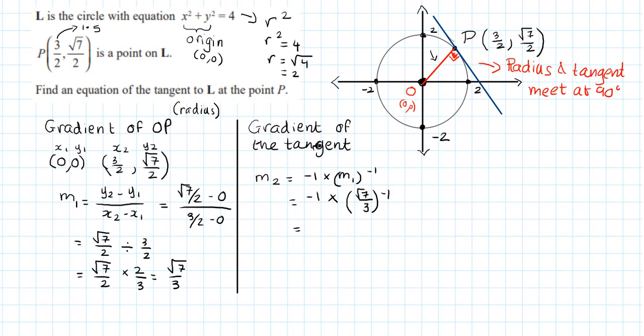That'll be -1 times 3 over root 7, which is -3 over root 7. I'm going to rationalize the denominator, multiplying top and bottom by root 7. Root 7 times root 7 gives me root 49, which is 7. So I found that.